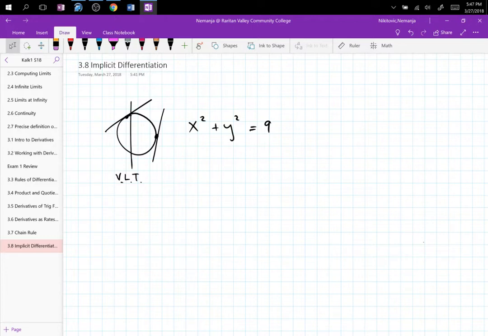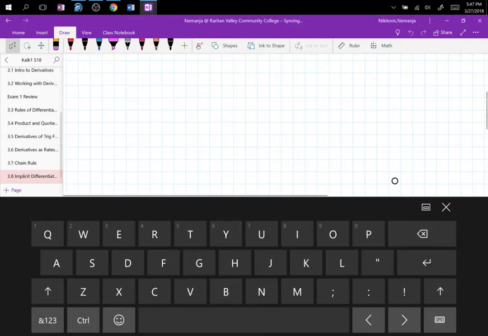Before we do any of that work, we have to first think about explicit versus implicit functions and forms, and then we can dive in and actually do some of those derivatives.